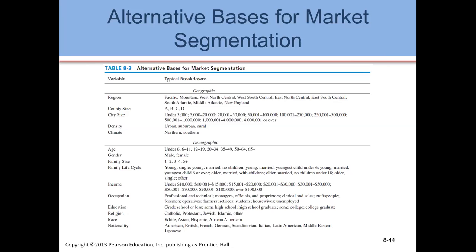And once the positioning would be done, I will be in a better position to craft my marketing mix related to the product, the price, the place, the promotion, the physical evidence, the processes, and the people. So that's how the segmentation, targeting, and positioning would be technically dealt with.